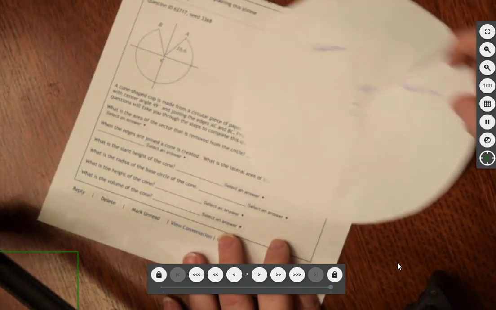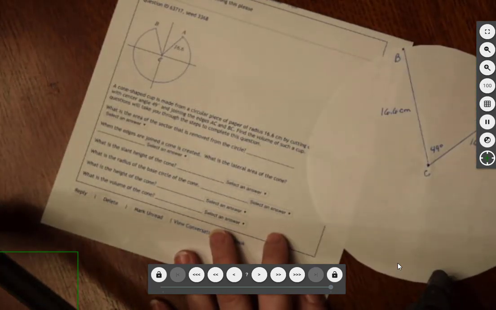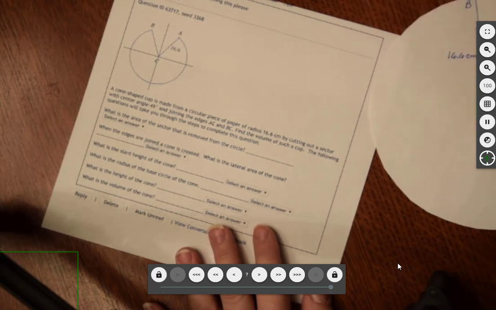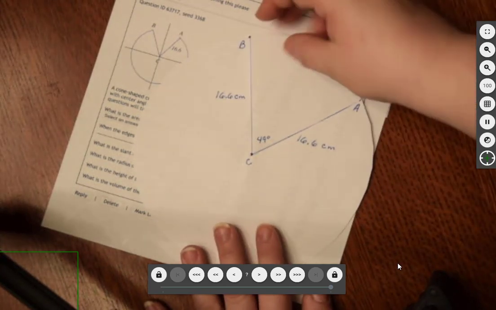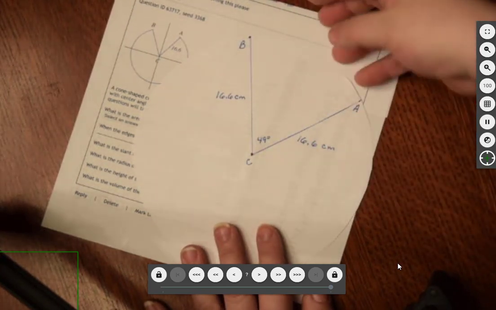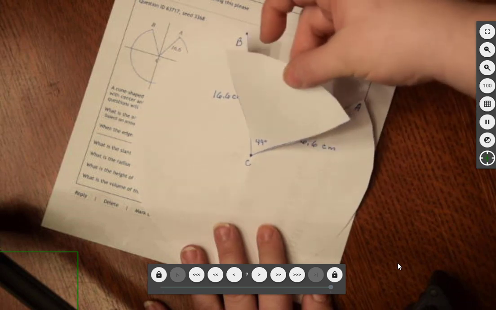Okay, so step one says, what is the area of the sector that is removed from the circle? So in other words, what's the area of this piece that we're going to take out?